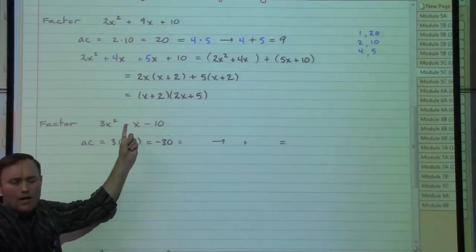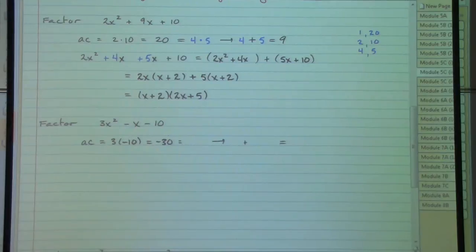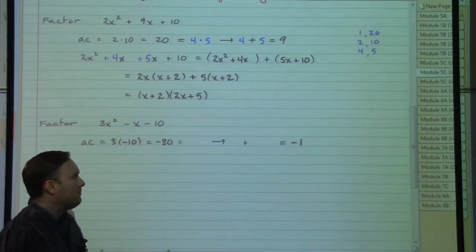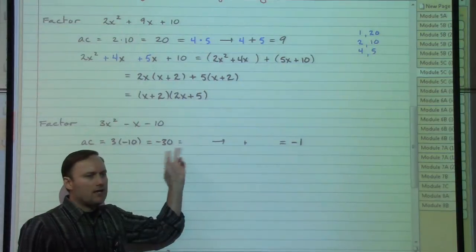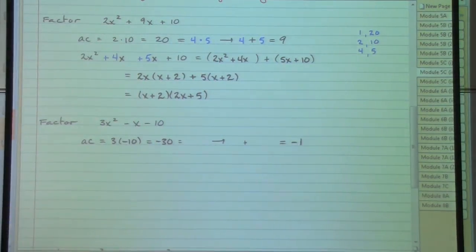Middle number here has a negative also, but there's nothing else that shows up. So that does mean the invisible 1 needs to be made visible again. That middle number is a negative 1. Blank times blank gives me a negative 30. Blank plus blank gives me a negative 1.